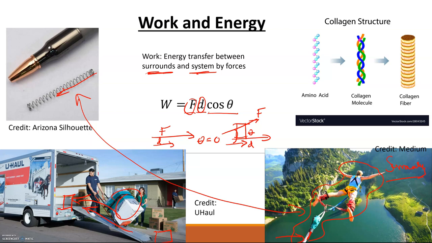And then for a biology reference, again, we're going to draw off of this idea of springs. Springs are everywhere in nature. And so springs are again seen in biology with this idea with collagen. Collagen is a type of protein, and what it does is it forms itself into these fibers.